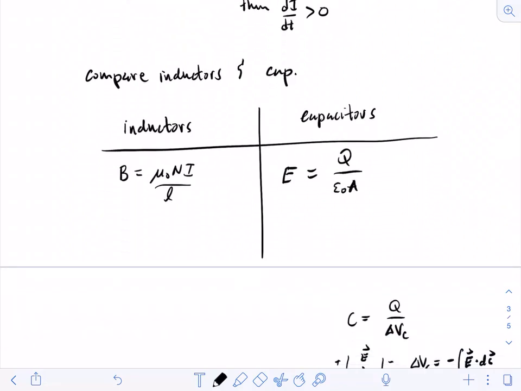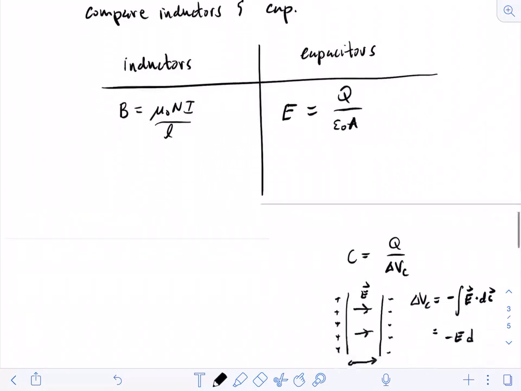Our magnetic field is determined by geometric factors, the number of turns N and the length L, a constant mu naught, and how much current we have. So capacitance, we already wrote down, is epsilon naught A over d for a parallel plate capacitor.